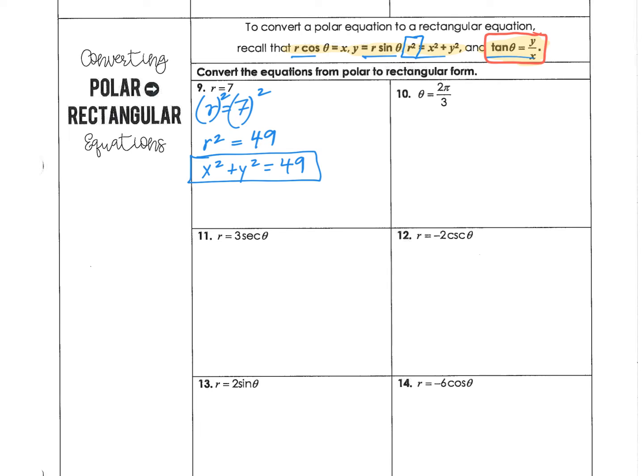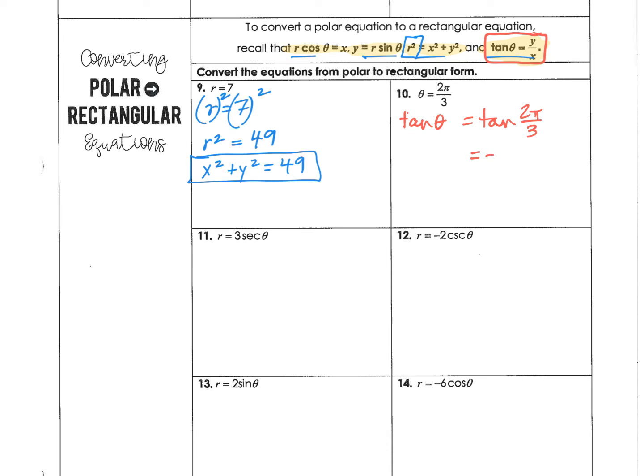So how do I get tangent theta equals y over x? So I can sub in y over x. I've got theta equals 2 pi over 3. So what do I need to apply to both sides? Tangent. I need to take the tangent of theta here, which means I need to take the tangent of 2 pi over 3. Now, what is the tangent of 2 pi over 3?